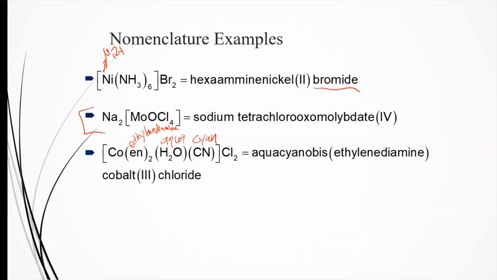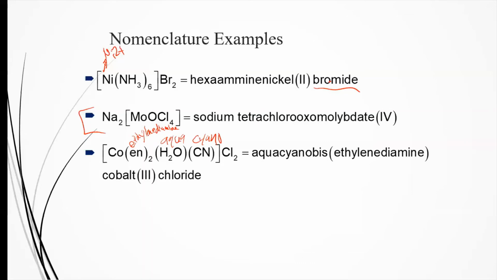So when we think about them in alphabetical order, then water is going to go first, aqua, then the CN, cyano, because it's the anion. And then we're trying to say that we have two ethylenediamines.